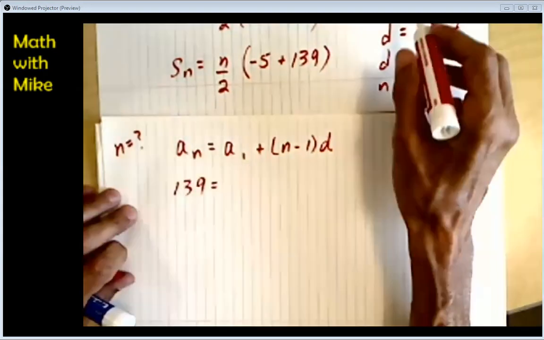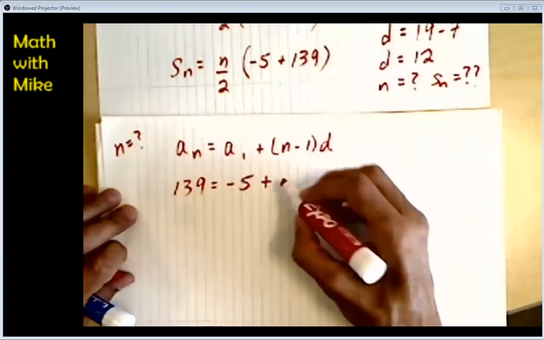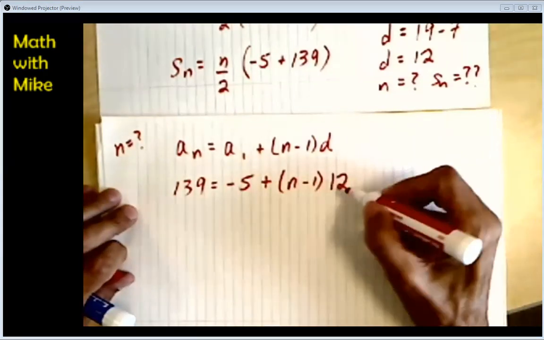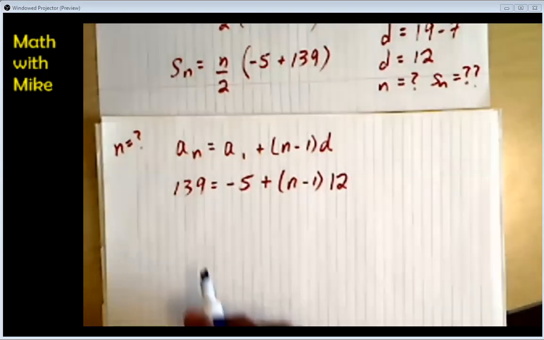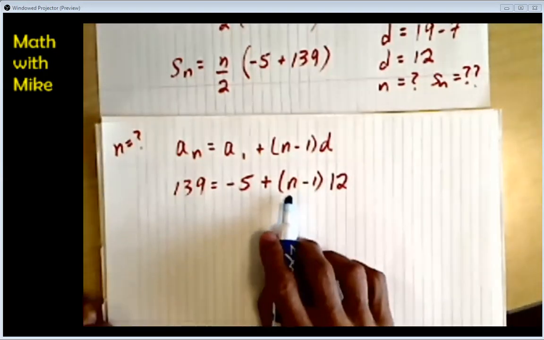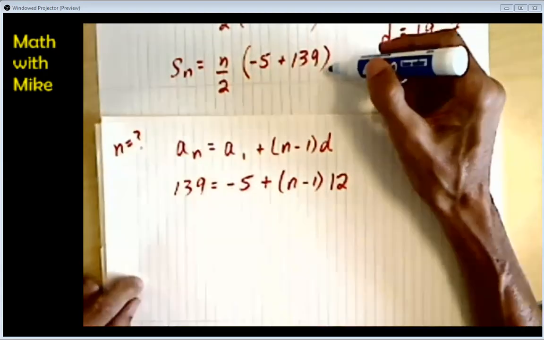Our first term is minus 5. n is what we need. And d, we figured out, is 12. Okay, so now we can do the algebra. We can figure out what n is going to be, and then we can use it back in our earlier equation right here.